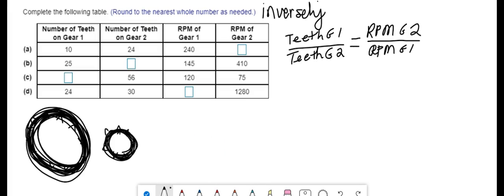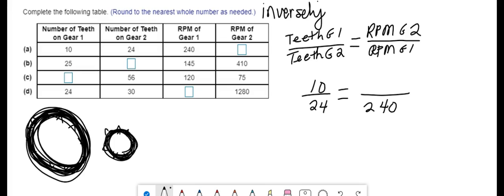Therefore, we have number of teeth on gear 1 is 10, looking at the table. Number of teeth on gear 2, 24, is equal to RPM of gear 1 is going to go on the bottom. Notice it's cross diagonal from teeth on gear 1 because it's inversely proportional. So that's 240 RPM.